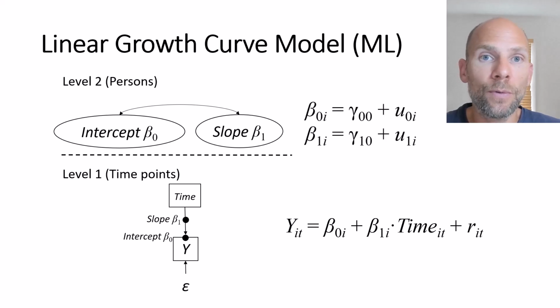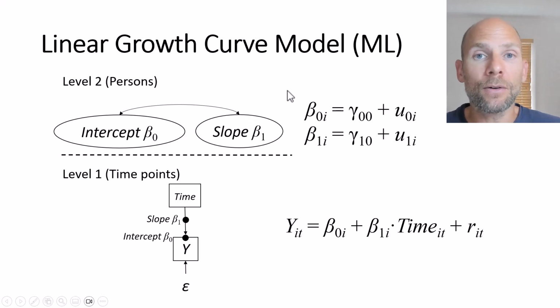So there are 2 level 2 equations, one for the intercept beta 0 and one for the slope beta 1. And so both are broken down into a mean, gamma, and a deviation from the mean, u. And so for u, we can estimate the variance, and then that's the intercept and slope variance, as well as there's a covariance that is indicated here by the double-headed arrow.